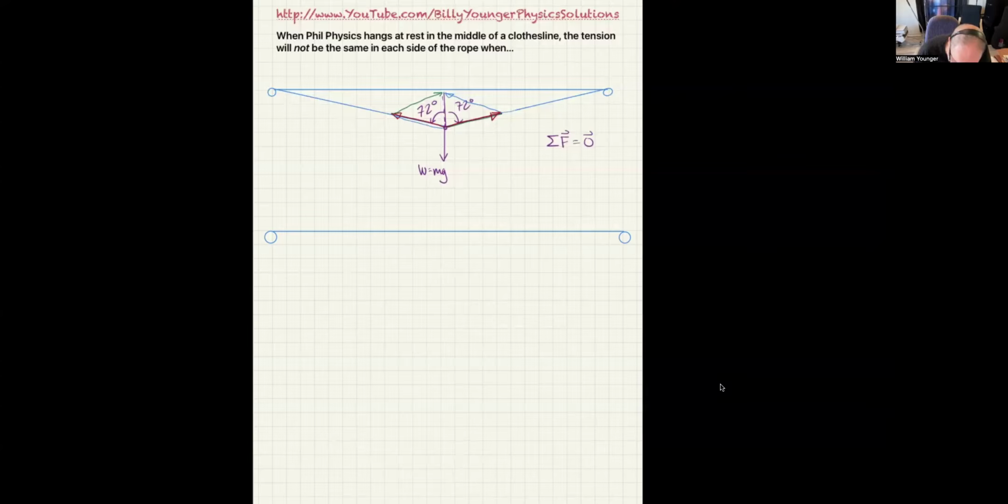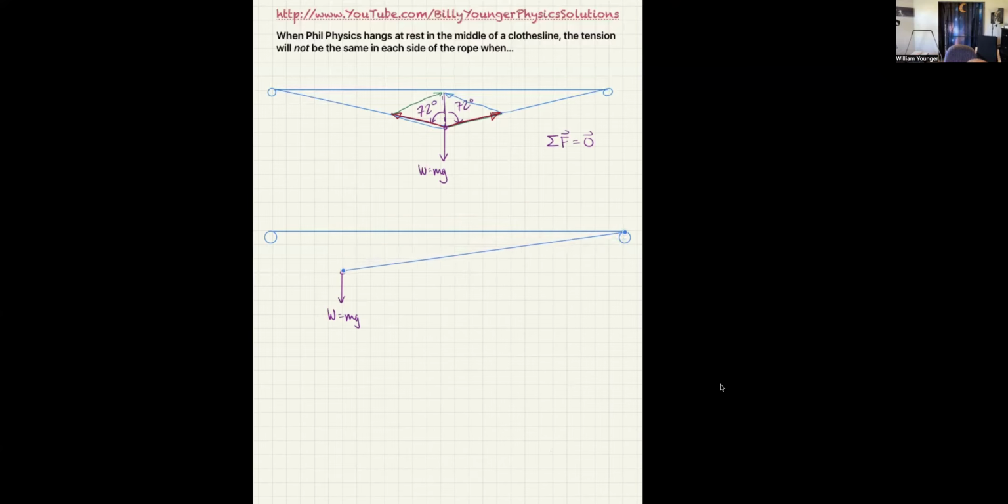But now let's imagine that Phil Physics hangs from this particular part, and let's imagine that the weight is a vector that is only two squares long, so that's weight equals mg. Now we can go ahead and take our rope as if it's coming from that to this end of the clothesline.